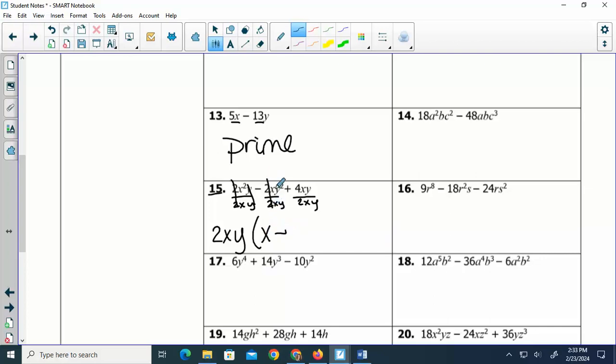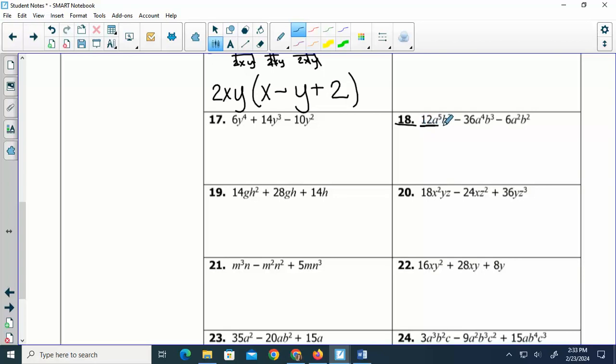Minus the second one, 2 drop, x's drop, and we have y. Last one, x and y both cancel, 4 divided by 2 is 2. So 3 terms, it's the same thing, but you have to look at what all 3 have in common. And just like before, if I want to check myself, what do we have to do? Multiply it out.